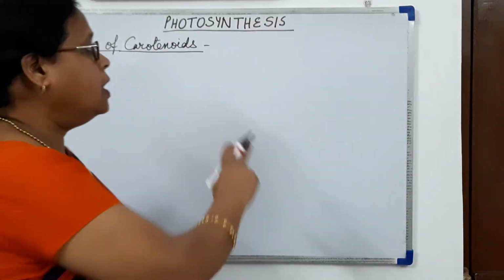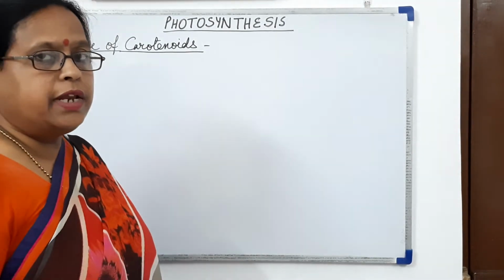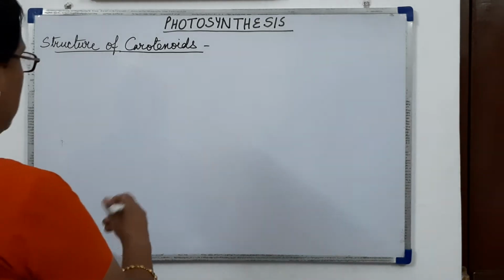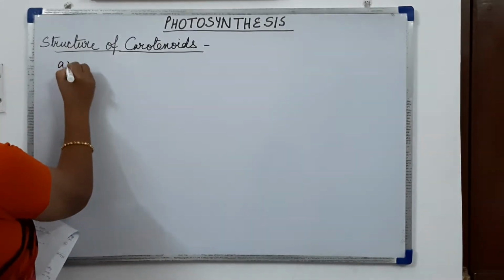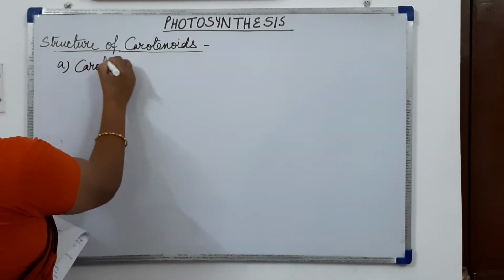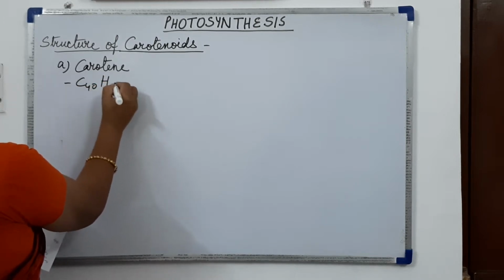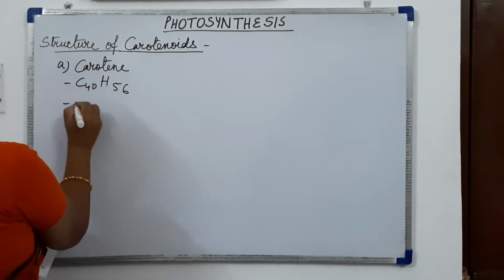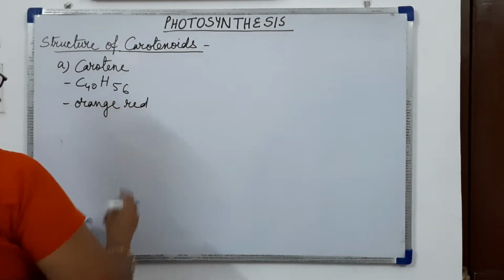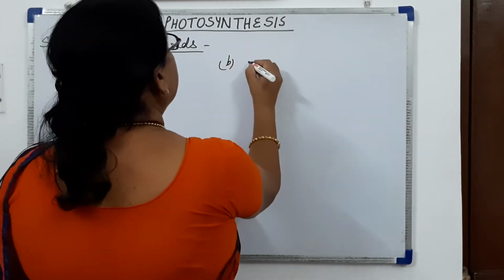Now in the carotenoids, structure is not in your syllabus, we are only required to know about the formula. So carotenoids are of two types. One is the carotene. The formula is C40H56 and it appears orange red in color. The other carotenoid is xanthophyll.